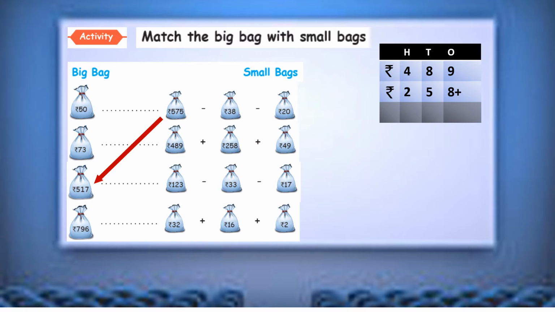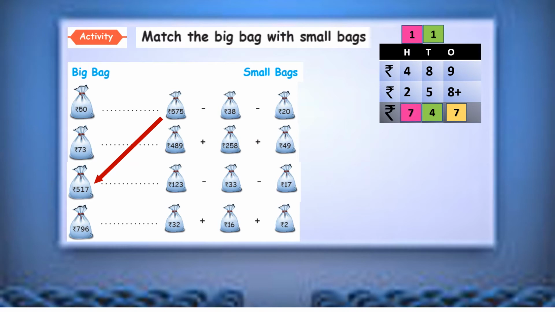Clear? So 9 plus 8, 17. So 7 here and 1 in the tens column, and add all those in the tens column: 1 plus 8 plus 5, 14, so 4 and 1 above. If we add these hundreds, 1 plus 4 plus 2, we get 7.